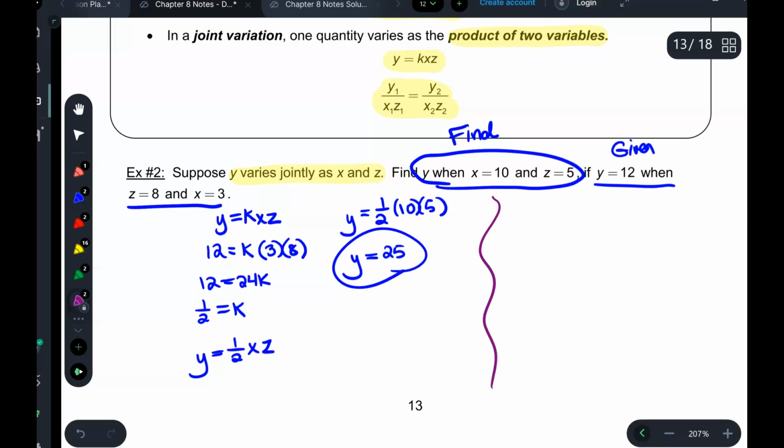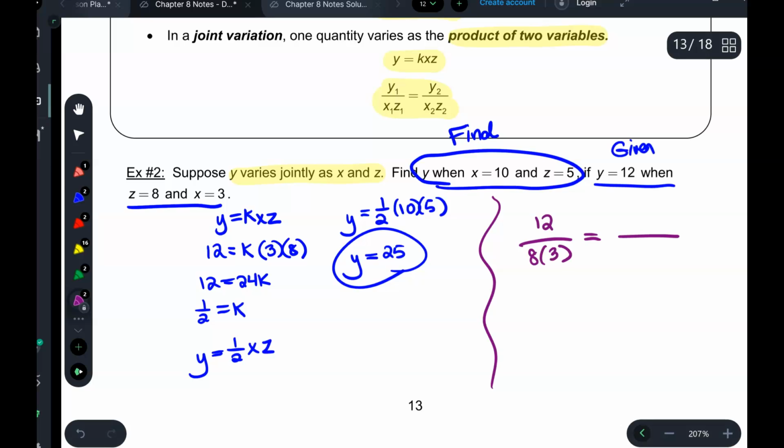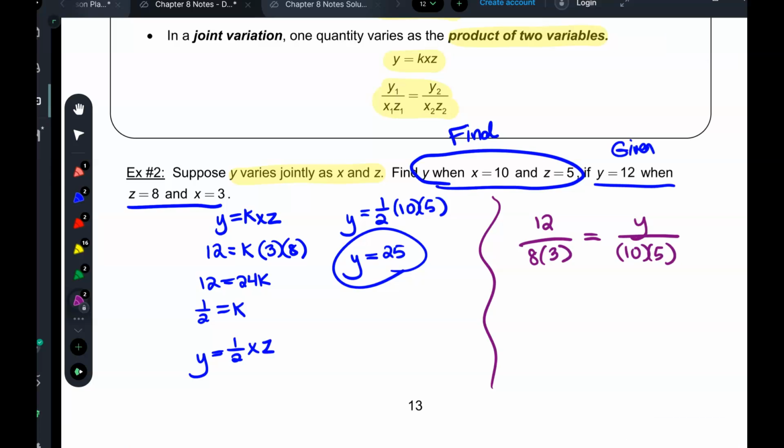Now, I can also use the proportion. If I were to set it up using the proportion, how would this look? I would put 12 over 8 times 3, and then y over 10 times 5. So I'm putting y in the numerator and then x times z in the denominator. 12 over 8 times 3 equals y over 10 times 5.